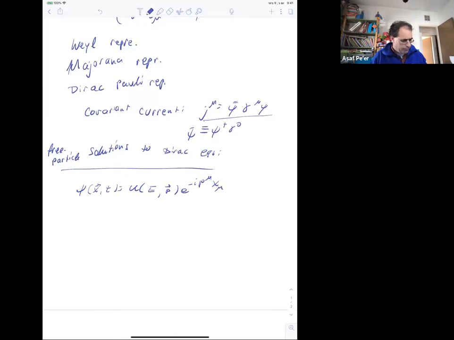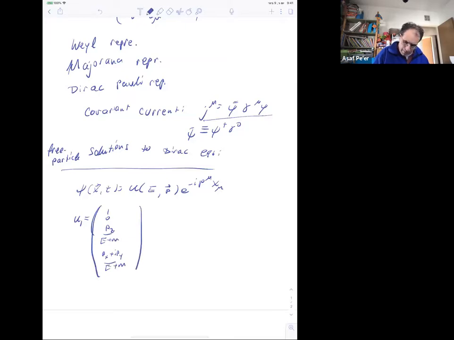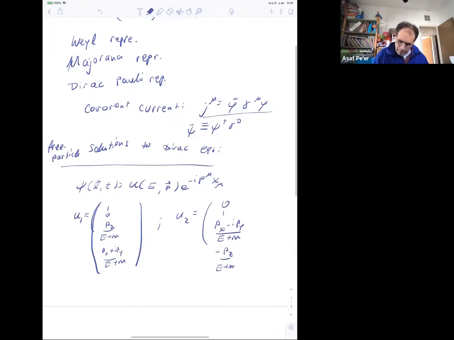Then we found the general solutions, which would be the 4 U's. U1 is just 1, 0, pz over E plus m, and px plus i py over E plus m. U2 is 0, 1, px minus i py over E plus m, and then minus pz over E plus m. And these are the two solutions with a positive energy.